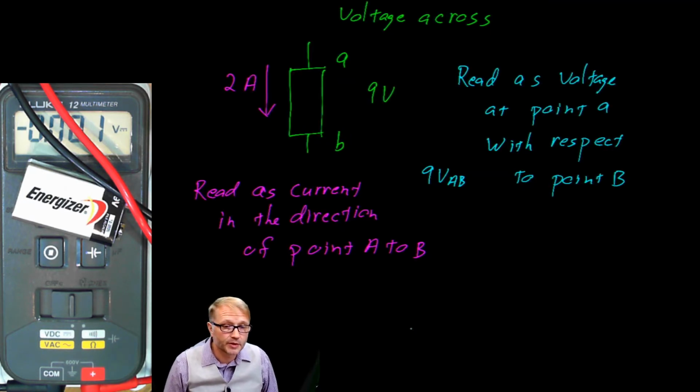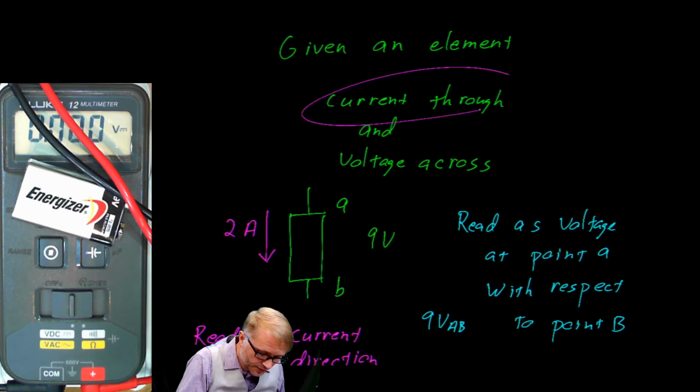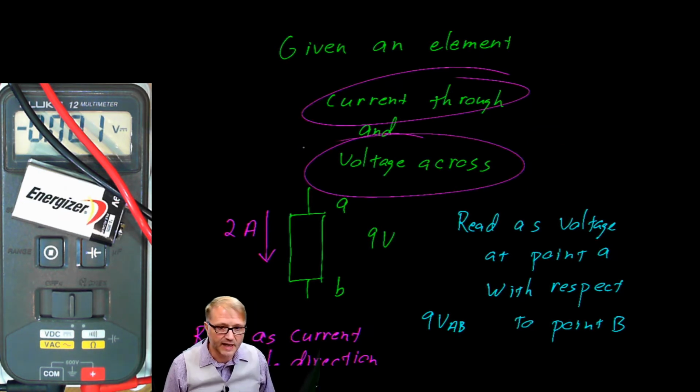So that current is read as the current in the direction of point A to B, whereas the voltage is read from point A with respect to B. So one, we're talking about the flow through. Another, we're talking about the voltage across. Right? Current through in a specific direction, and voltage across two particular points.